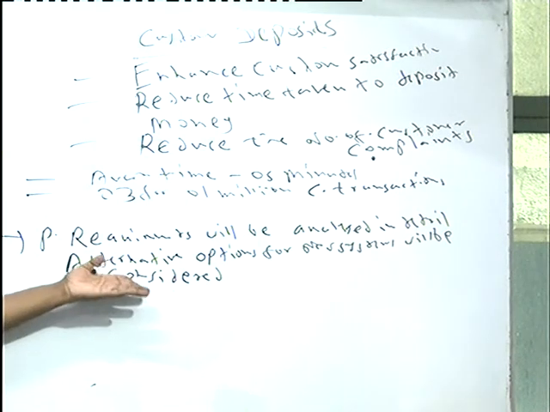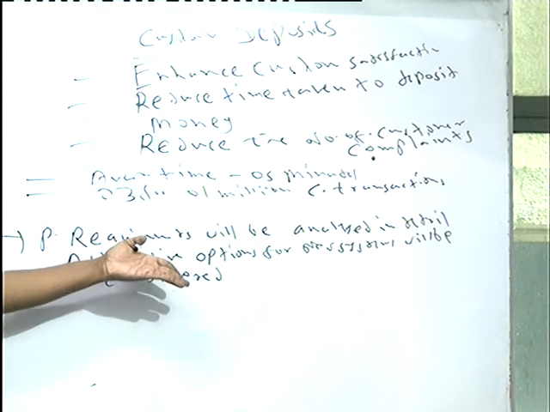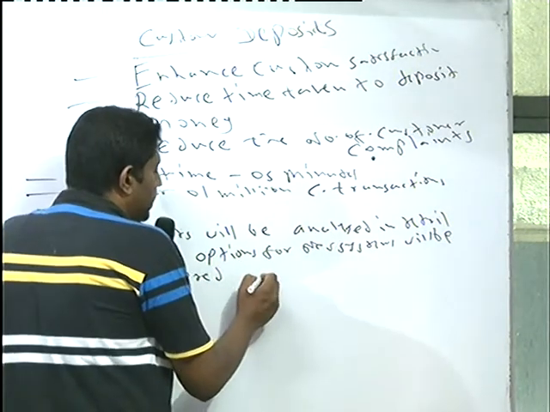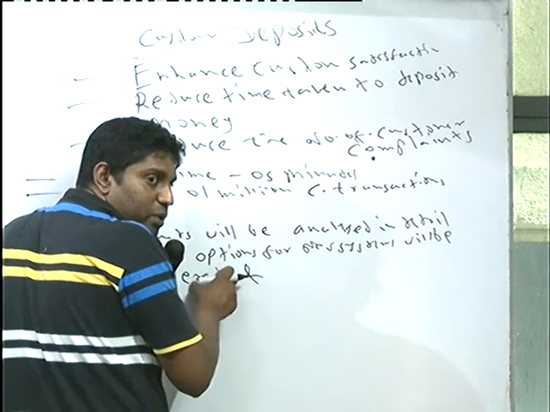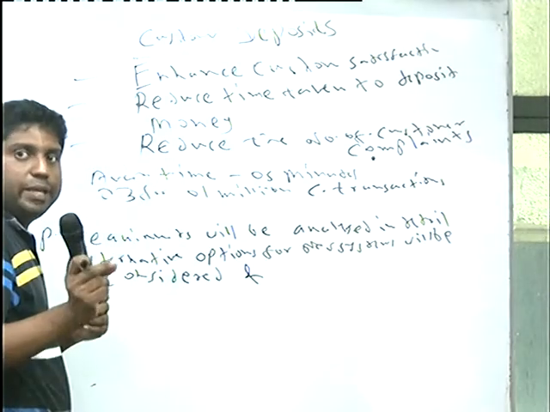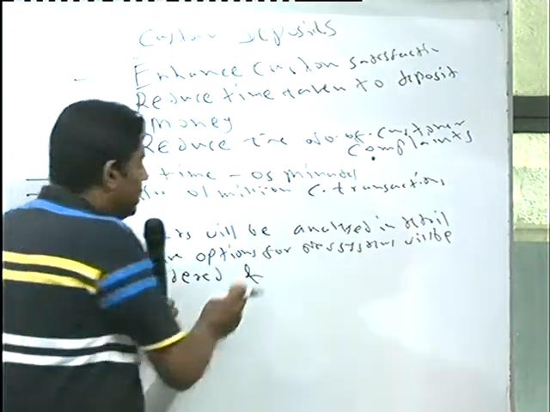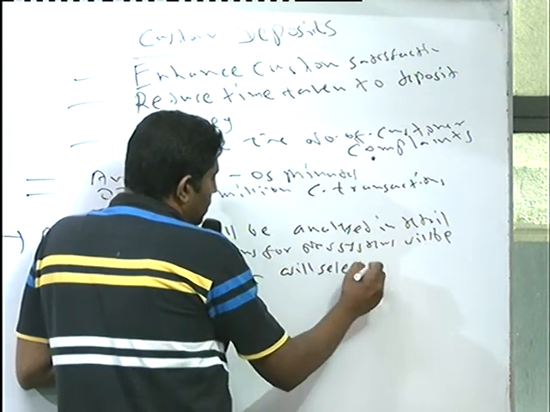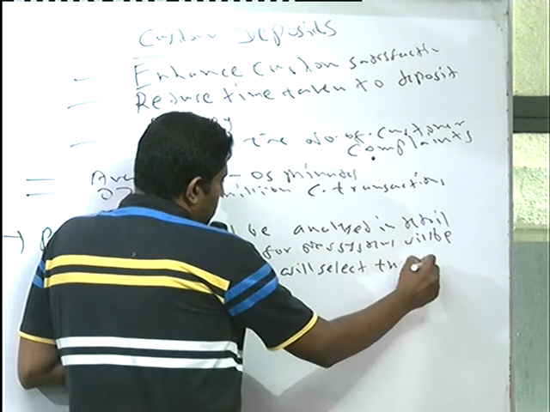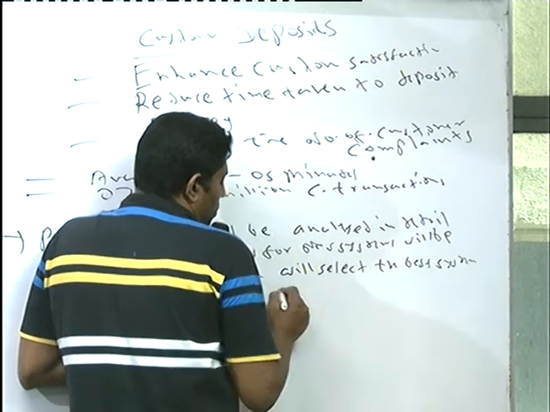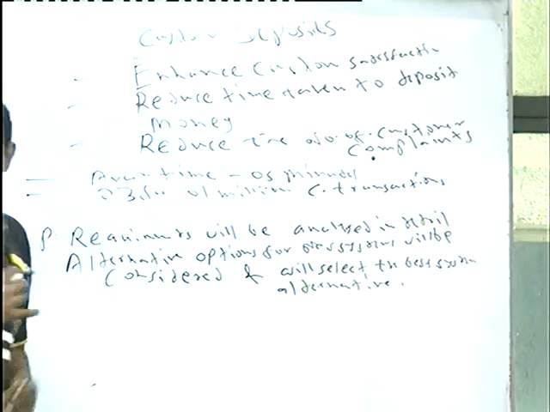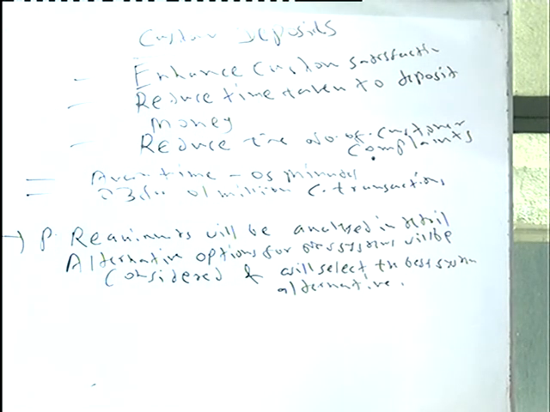System alternatives or process alternatives will be considered, and we will evaluate these possible alternatives. By evaluating these alternatives, you will select the best system option. The best system alternative will be selected.